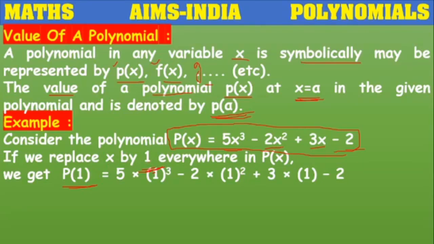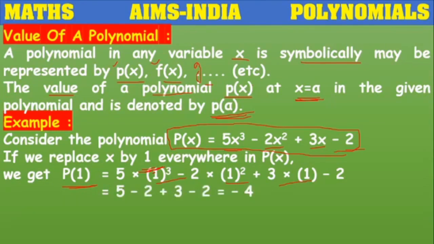So here 5 is there, coefficient 5 we will keep as it is. In the place of x we will keep 1, so it will become 1 cubed. Next 2 as it is. Next x squared, we keep 1 squared. Next 3x means 3 into 1. The constant term will be like that only. So like that we replace all the x terms with 1.